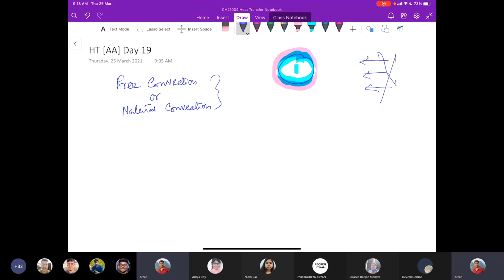So what will happen now is that due to conduction from the surface to this nearby fluid layer, the heat transfer will happen. That is a very thin layer. So that will create a kind of encapsulation around this spherical ball, made of a thin layer of air.